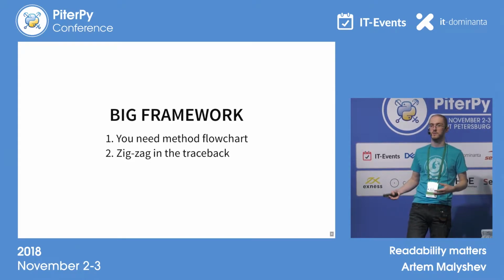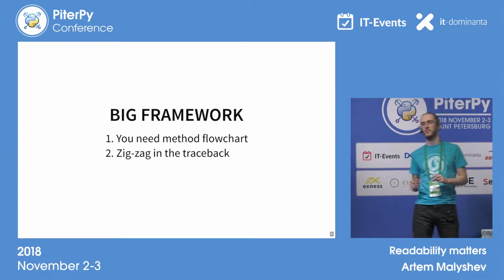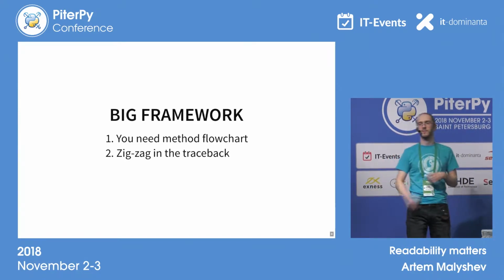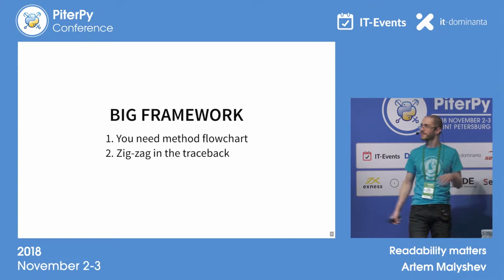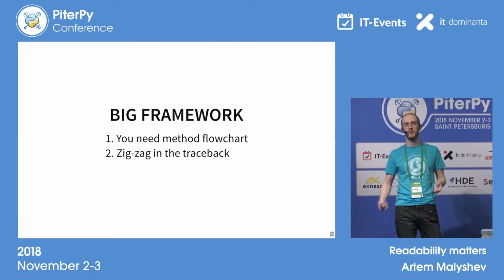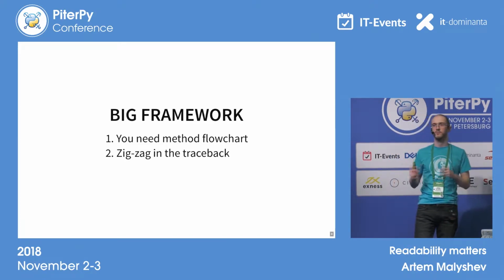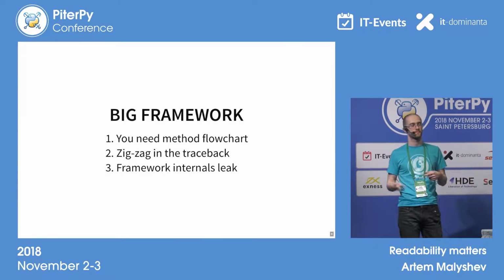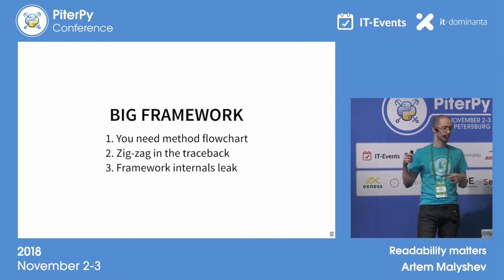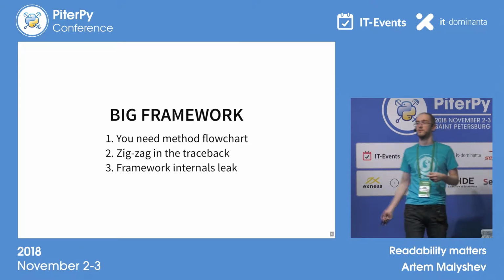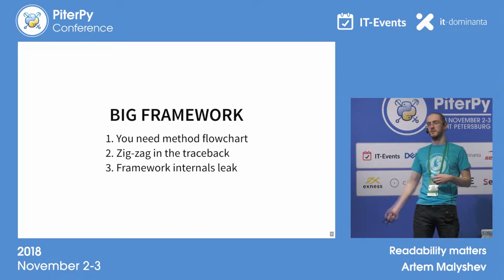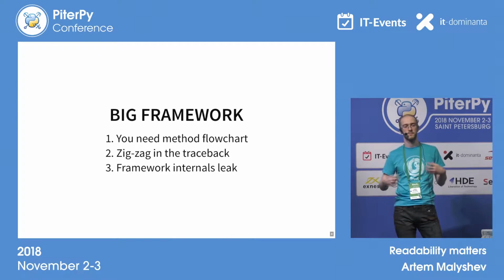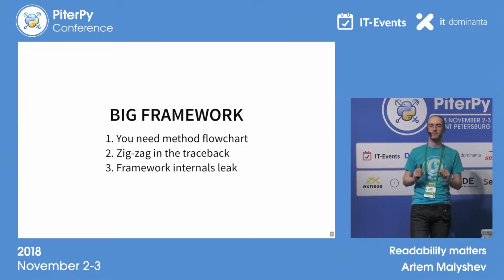Second, when we read the code, we see zigzags and tracebacks going through the code that we developed and through the code of the framework, which calls our handler functions in a certain order. And it happens that it calls them in a different order than we expected.